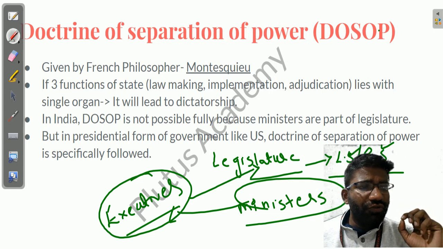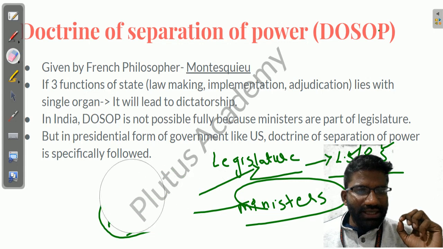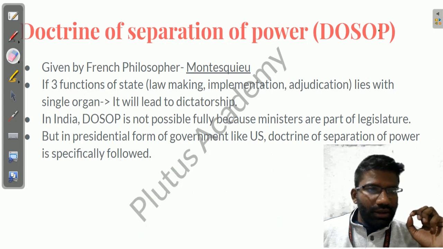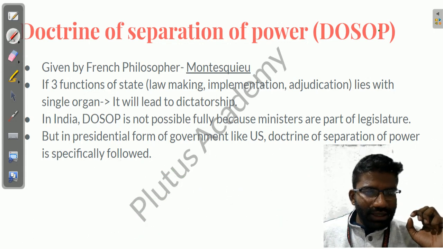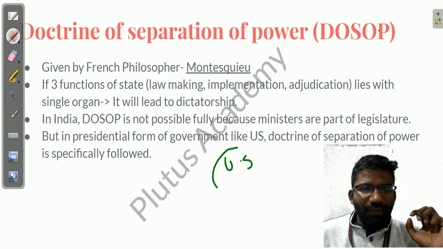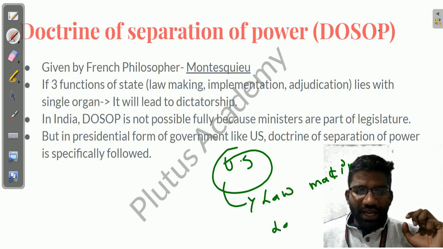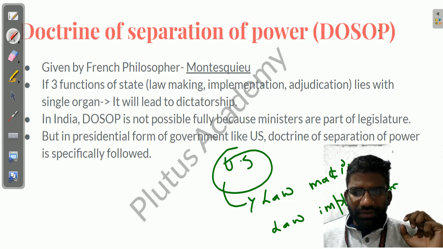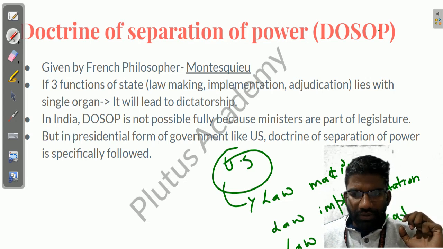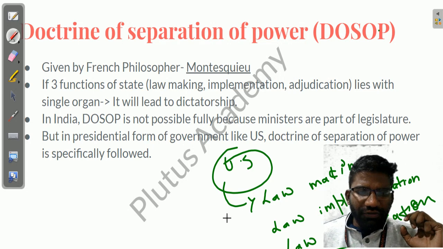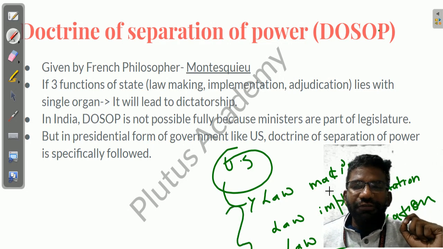But in the case of the United States of America, lawmaking, law implementation, and law adjudication, all three functions are performed by different organs.